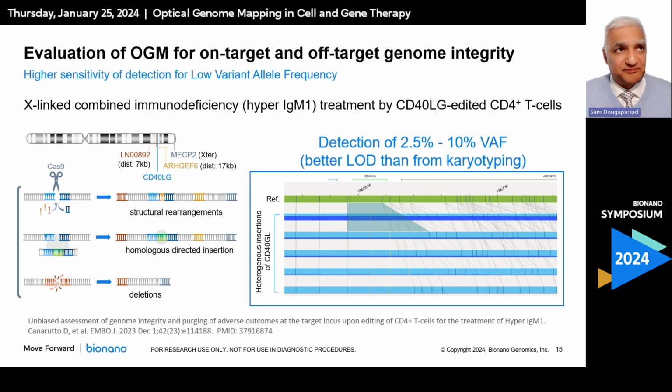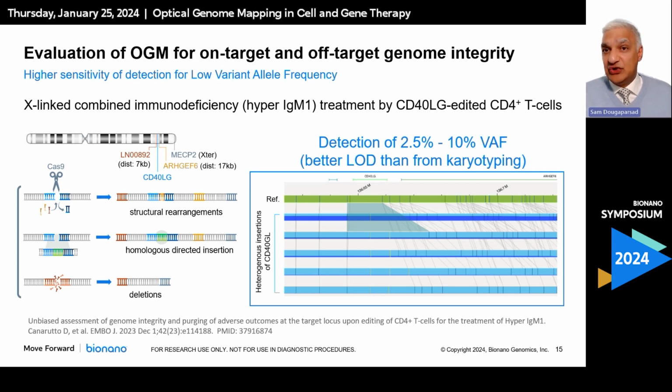The preferred option is the middle one, with the expected homology-directed insertion of the genetic material, in this case, the CD40LG gene. However, in this type of analysis, there are some adverse reactions, namely abnormal structural arrangements or deletions that may occur proximal to the target site or outside of the target site.